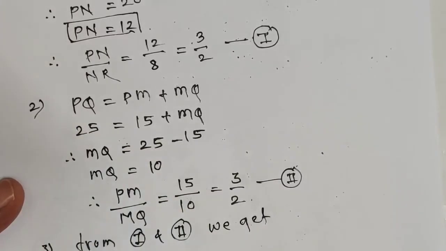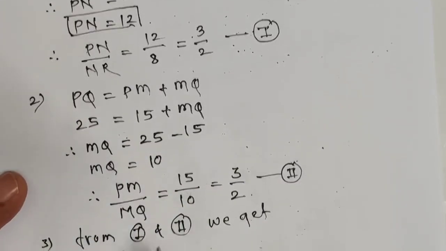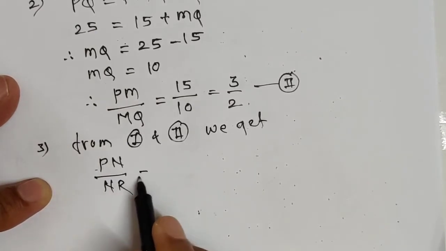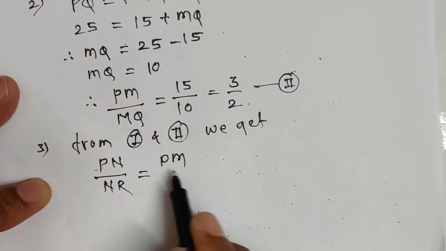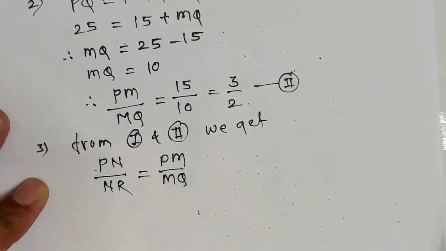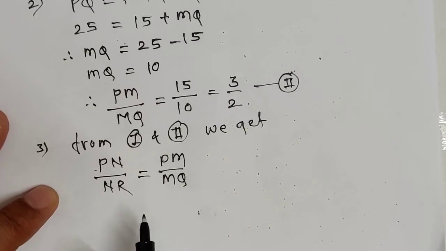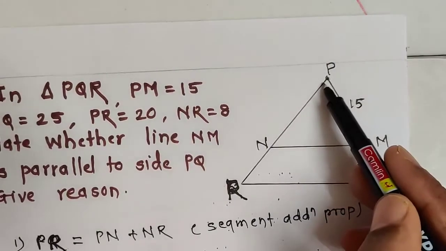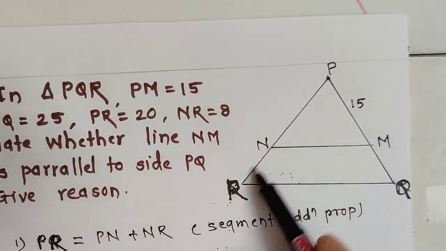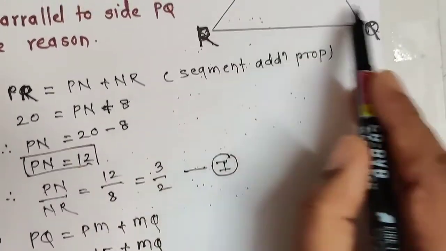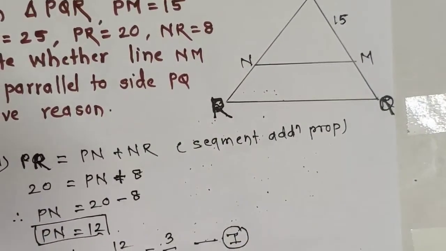This ratio PN upon NR, it is 3 by 2, is equal to PM upon MQ, it is 3 by 2. And when these two ratios are equal, that means by converse of BPT, if this line divides the two sides in the same ratio, PN by NR is equal to PM by MQ, then by converse this NM is parallel to QR.